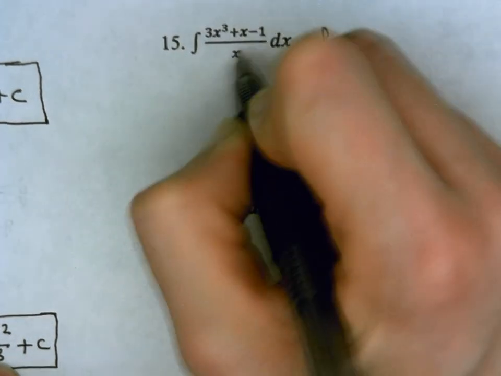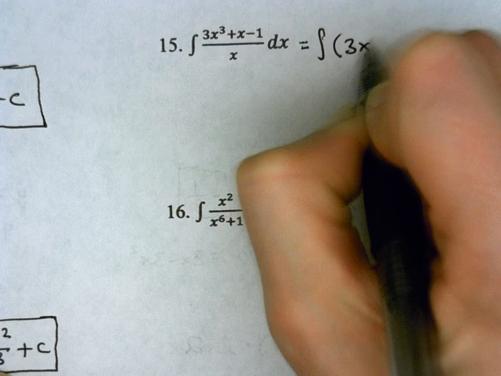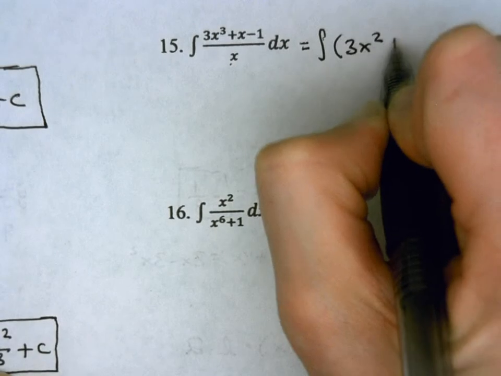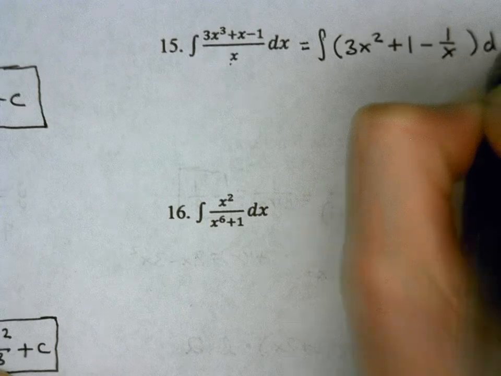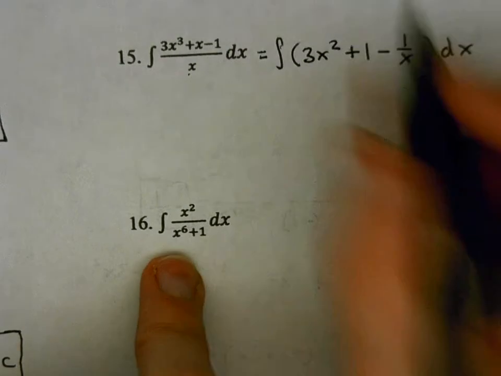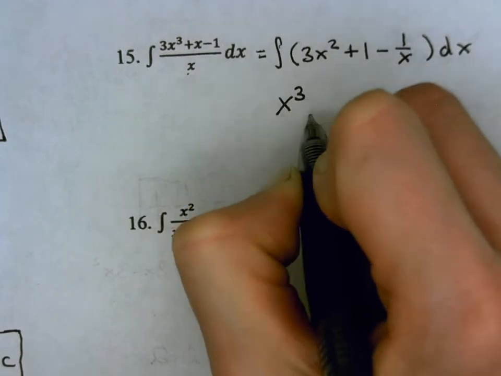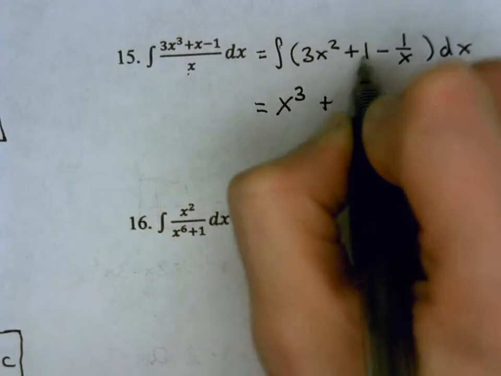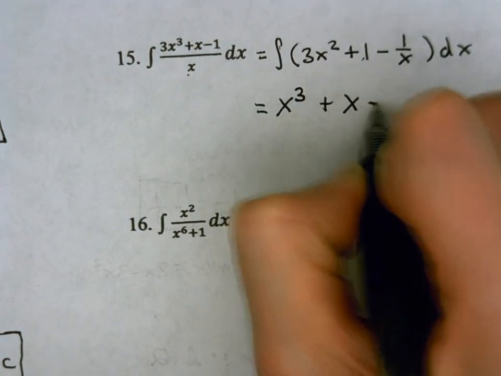So 3x³ over x is 3x². x over x is 1, and 1 over x is still 1 over x. And then we can take the integral of each of these pieces, add 1 to the exponent, divide by the new exponent. Add 1 to the exponent, divide by the new exponent, and then this last piece is our natural log.